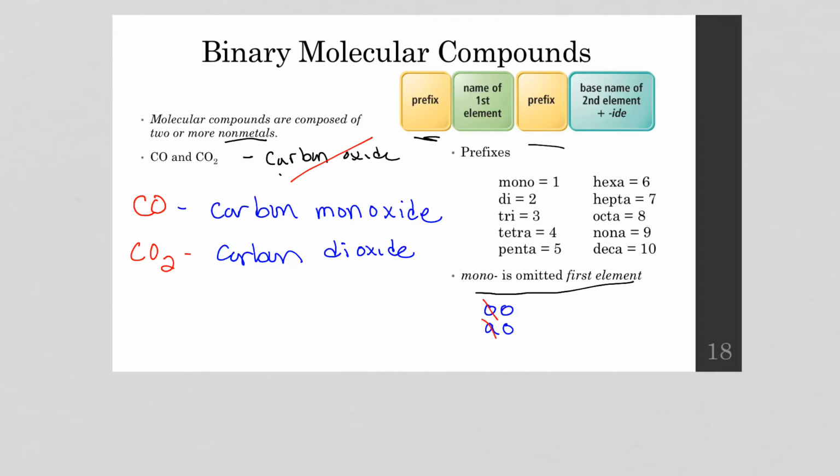So carbon monoxide versus carbon dioxide. And that's pretty much all there is to naming molecular compounds. It's really just a matter of a little bit of practice and remembering our prefixes. So prefix plus the first element's name, prefix plus the second element, again using those same IDE endings that we learned when we named ionic compounds.